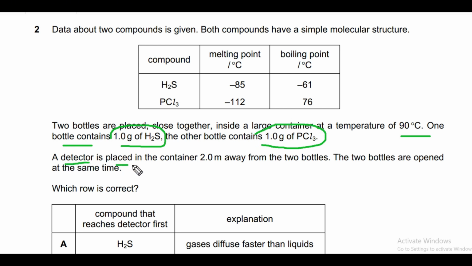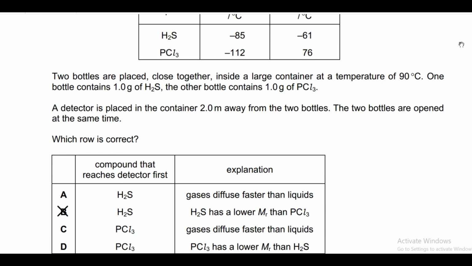A detector is placed in the container 2 meter away from the two bottles. The two bottles are opened at the same time. Which row is correct? B is the right answer. The compound that reaches the detector first is hydrogen sulfide, because hydrogen sulfide has lower relative molecular mass.